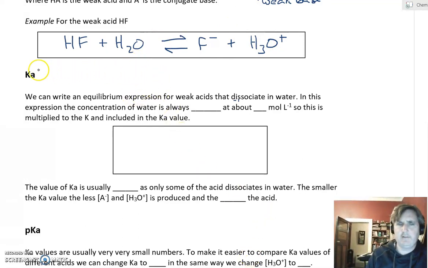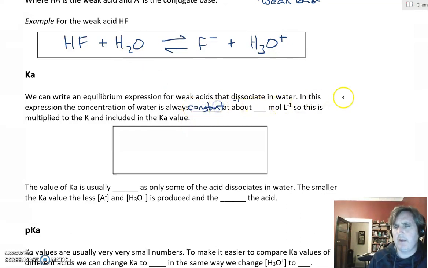Now, this leads us to write an expression where we put the products over the reactants. And when we do that, this expression is called Ka. Now, when we draw a Ka, the interesting thing about water is that its concentration we assume is always constant.